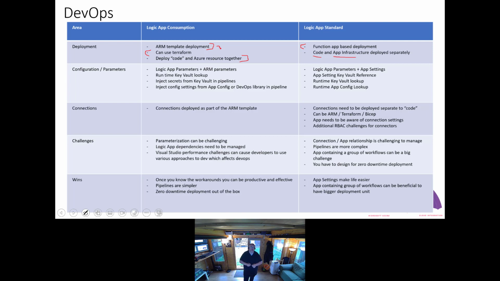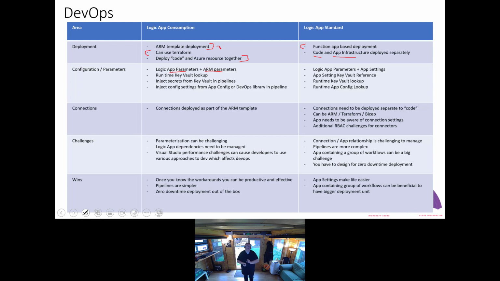Now, configuration and parameters, there's some key differences here as well. So Logic App Consumption parameters, it's slightly confusing if I'm honest, because there's 2 types. So we've got ARM parameters, which are for the deployment itself. And then we also have Logic App parameters. So Logic App parameters are things that live inside of the workflow that let you have a config setting that you can use at multiple stages in that workflow.